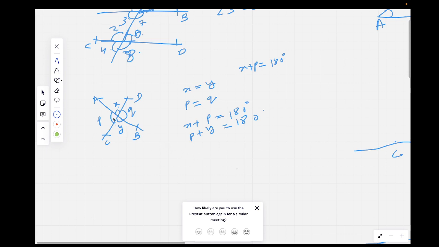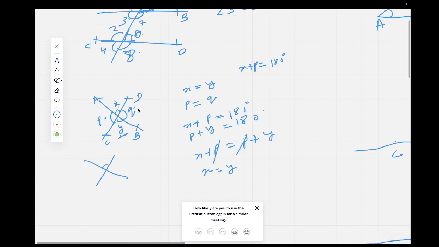So can we say these two are equal? So X plus P equals P plus Y. P is cancelled out, meaning X is equal to Y. Similarly, we can prove P is equal to Q. So when two lines intersect, the vertically opposite angles are always equal.